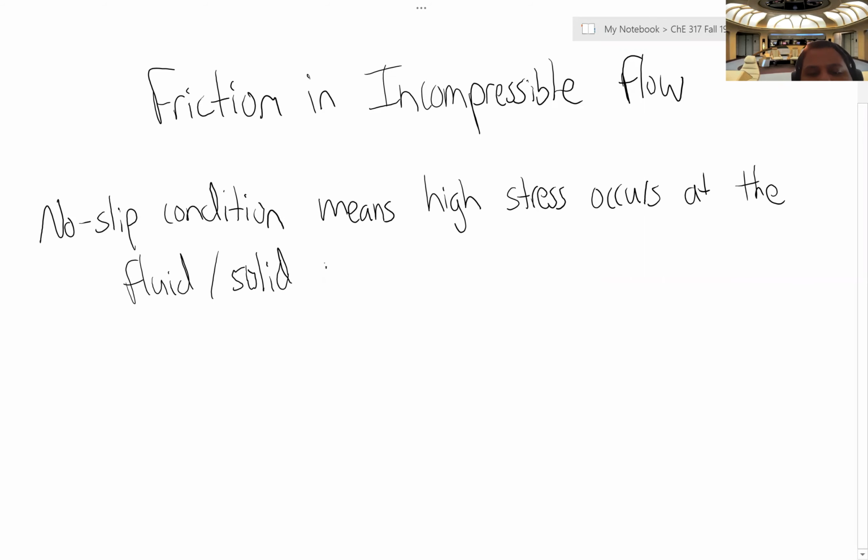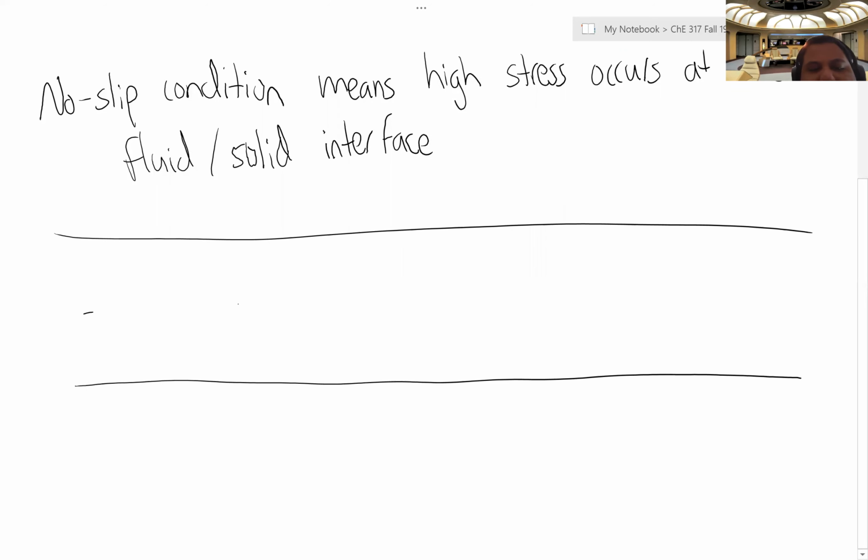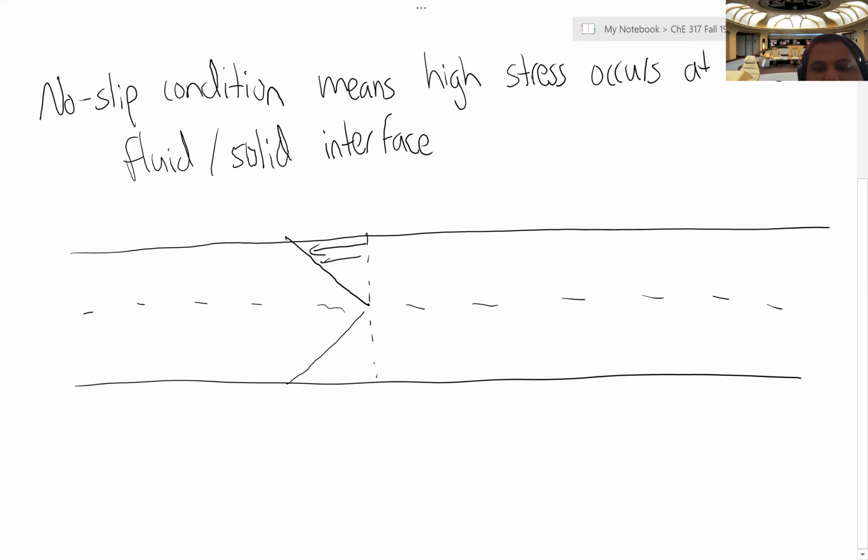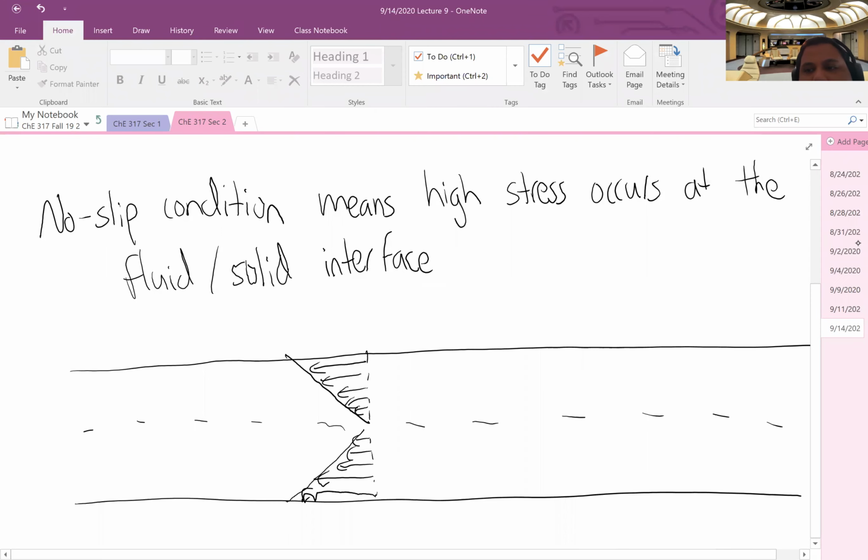Meaning if I'm looking at flow through a pipe and I want to visualize that shear stress as a function of the radial direction, I would expect to see this level of shear stress in my system, where the shear stress is going to be greatest at the wall and decrease linearly in the radial direction, assuming my flow direction is occurring this way. So, flow direction.